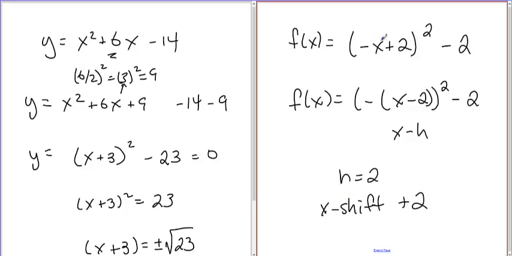Now, if you looked at this and said, I have an x shift of plus 2, I don't know how you got that, because this is what I talked about in class. And the other way that you could get the shift right is you put it into your graphing calculator and plot the function and get the right answer.